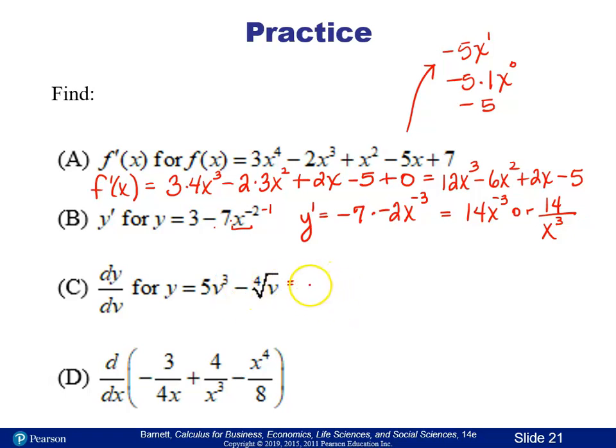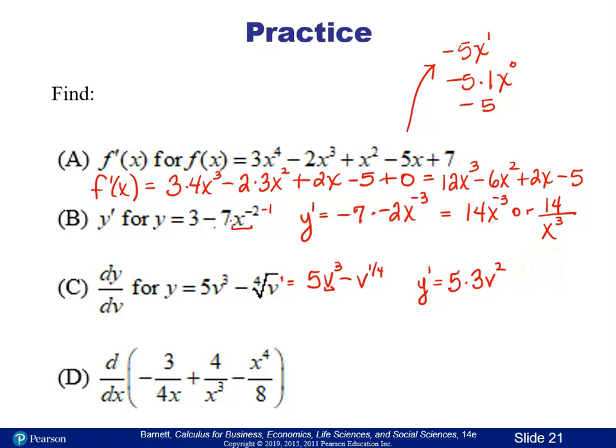All right, this one we need to do a bit of a rewrite. The first term is fine, but this second term, we need to write it as the power over the index. So when we go to take the derivative of it, we'll have our constant multiple times the derivative, which would be 3v to the second. Don't switch up variables.